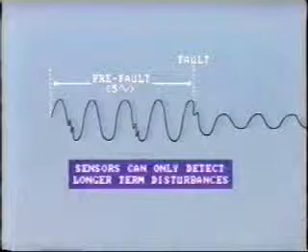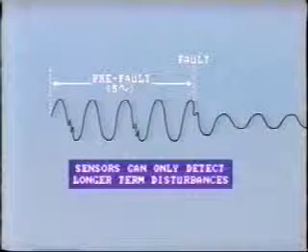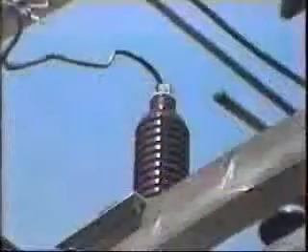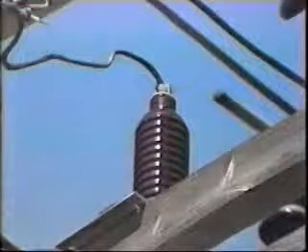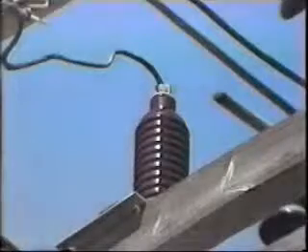This is because the sensors can only detect longer-term disturbances in the range of milliseconds or seconds. A normal arrester discharge without a fault is too fast to be picked up by the sensors, so it would not start the recorder.